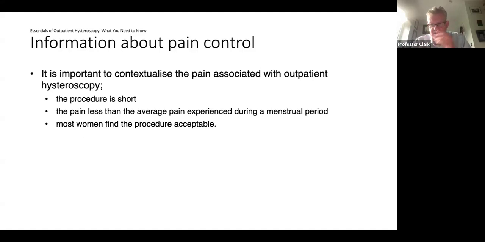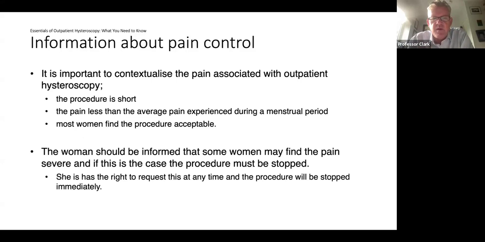Most diagnostic procedures take 2 to 3 minutes, and most therapeutic procedures in an outpatient setting take less than 15 minutes. But it's important that the patient understands, even if they choose an outpatient procedure, that if they find the procedure too painful, and this is where the patient advocate comes in, the procedure can be stopped at any time according to their wishes.